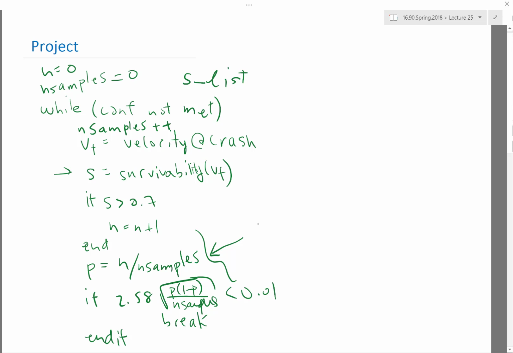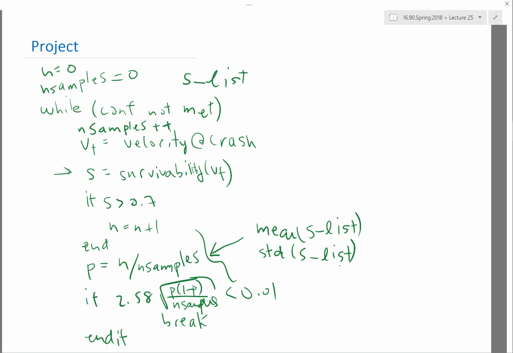And they just took the mean and standard deviation using MATLAB built-in functions, and that's fine. I'm okay with that because I realized you're computing the standard deviation of the survivability, which is technically what I wrote, so that's okay.